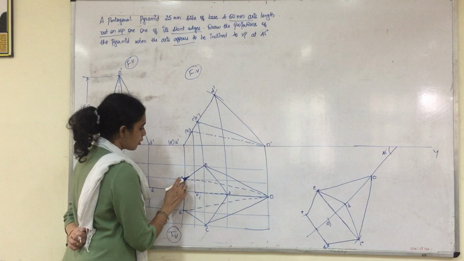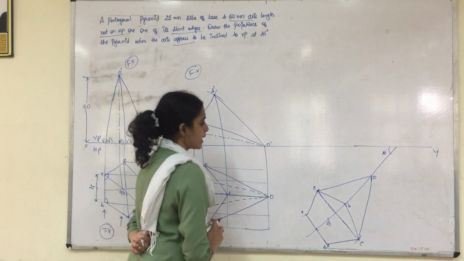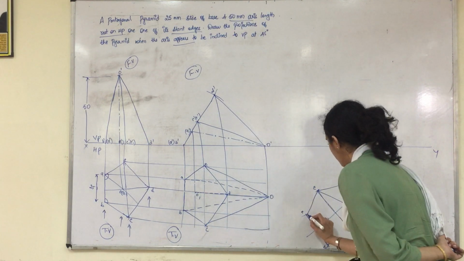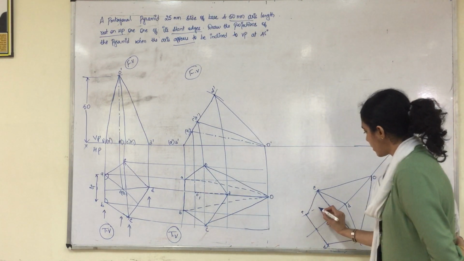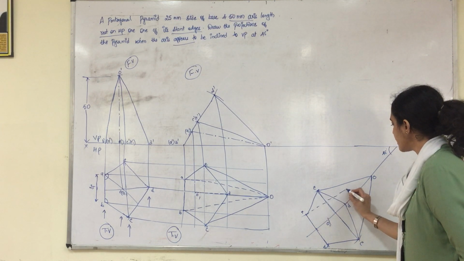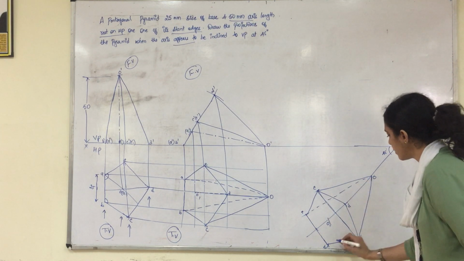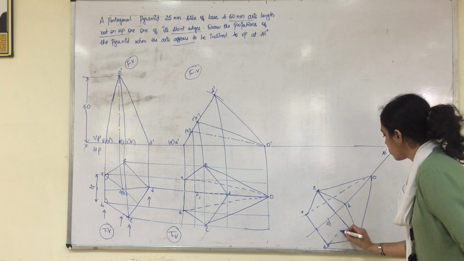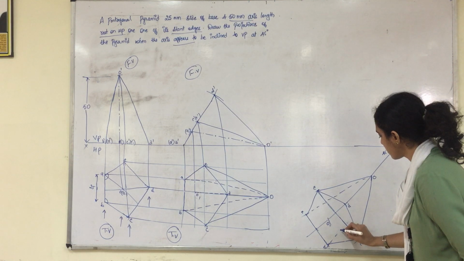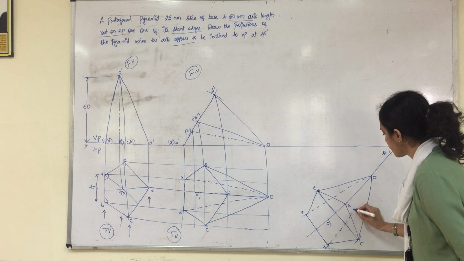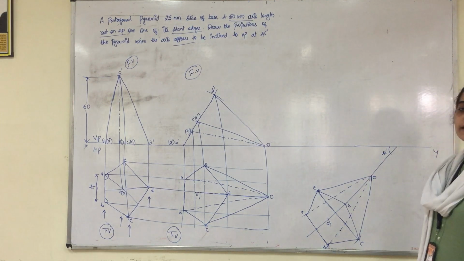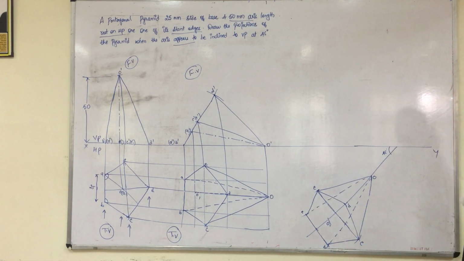And we have other two corners A and B which is passing through inside the surface. So it will be dotted line. So from A to O will be a dotted line. You can see from A to O, it will pass through inside the surface and hence it is a dotted line. And again from B to O, it passes through inside the surface and hence it will be a dotted line.